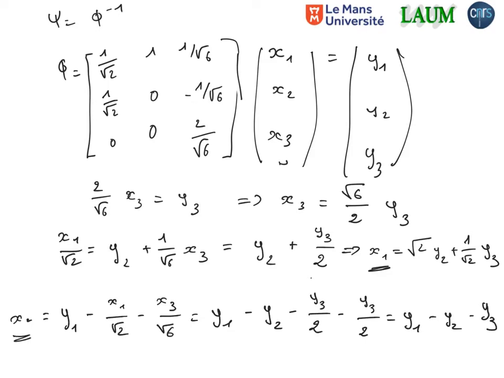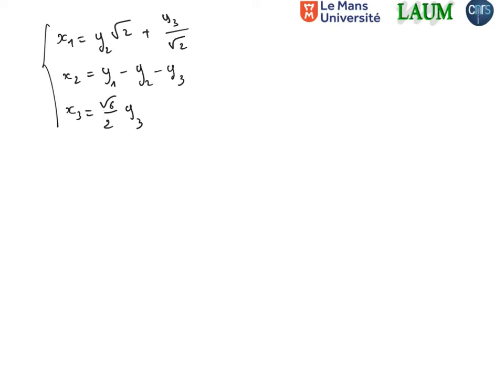Now I can determine the expression of psi. So if I want to obtain psi, I just summarize the formula here. And then for the first column, y1 is equal to 1, y2 equal to 0, and y3 equal to 0. So for matrix psi, I have first column 0, 1, 0.